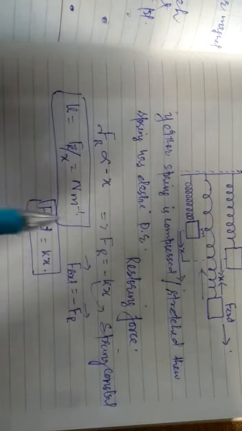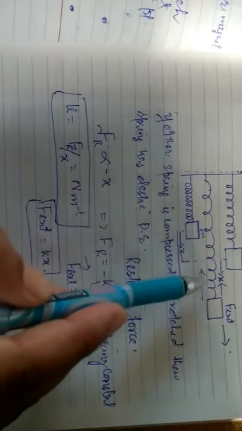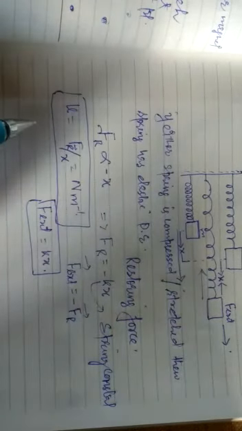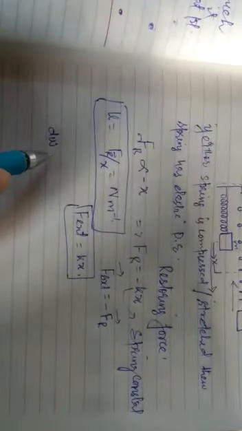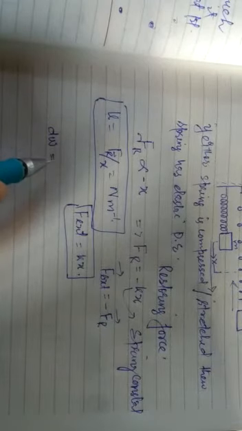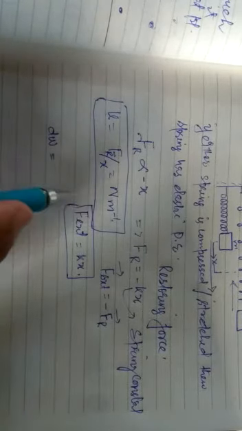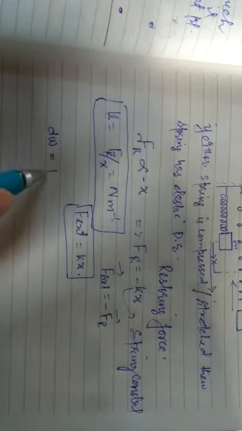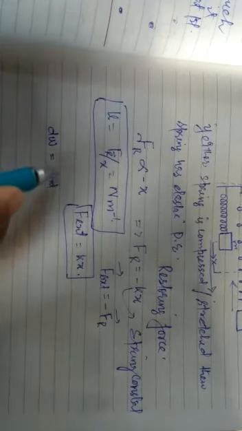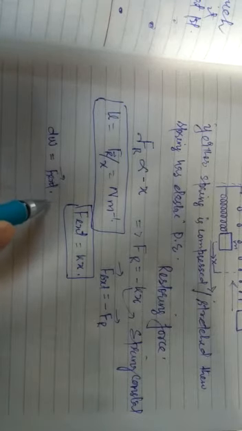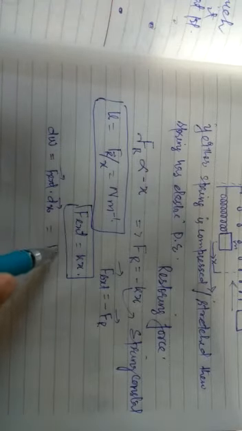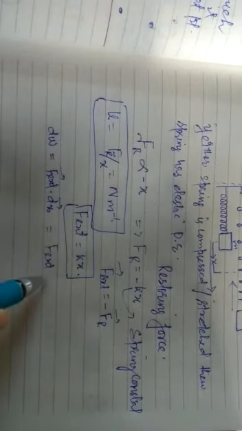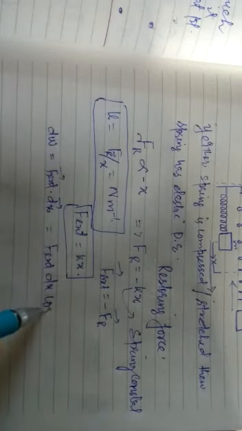Now let us assume that the spring is slightly disturbed through a distance of dx. Then there will be a small amount of work done. That dW equals F external dot dx, which is F external into dx cos 0.